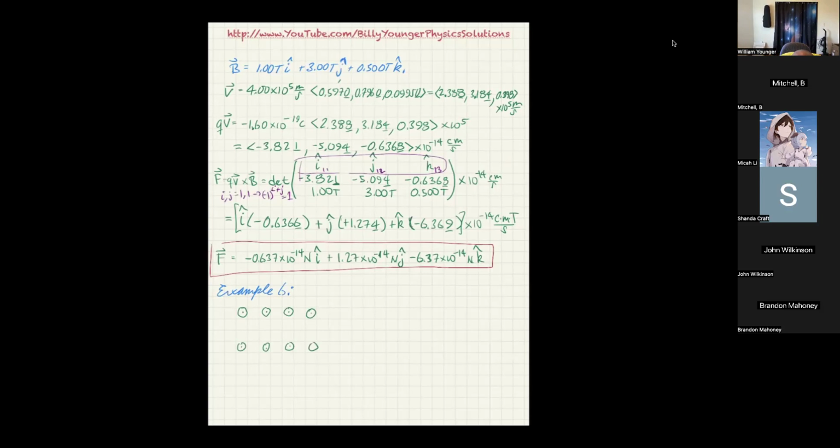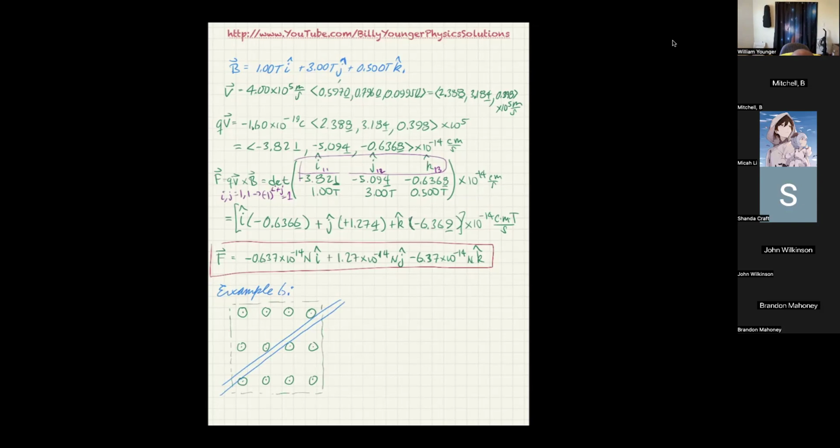By me putting these things regularly spaced, that's supposed to indicate that it's a fairly uniform magnetic field, and we can treat it like a magnetic field that's uniform. What I'm going to do is now draw a wire through this. And what we're going to imagine is that the magnetic field only extends out to this dashed line.